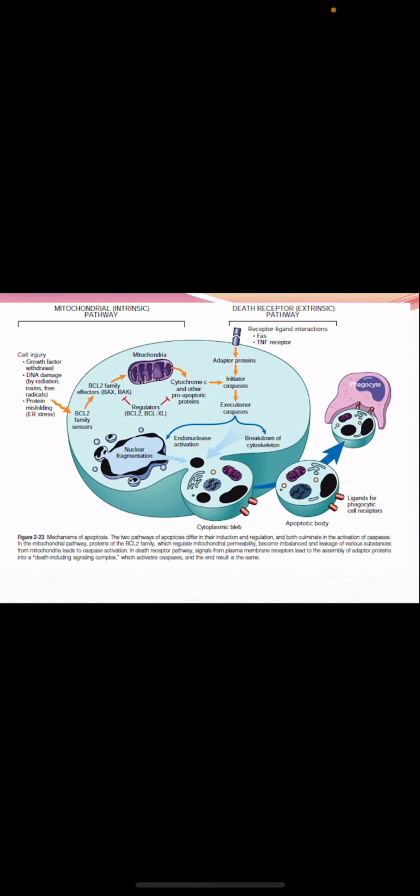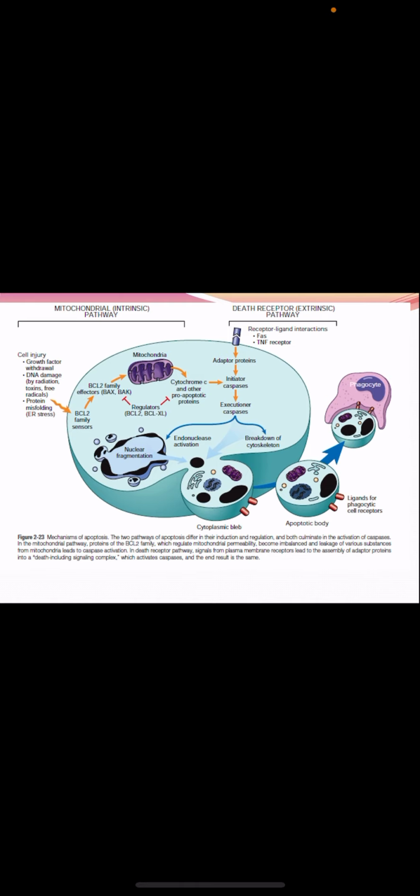Once the cell is under stress, these sensor molecules will recognize it and activate the BCL2 family effector molecules BAX and BAK. These form an oligomeric channel, and there will be liberation of cytochrome C from the mitochondrial membrane into the cytoplasm.